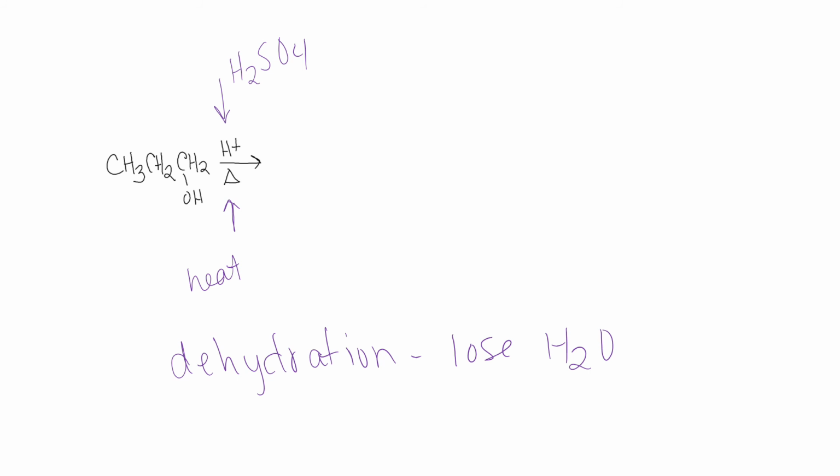Okay, so I'm going to draw this out just so we can see this a little bit better. So we have C with 3 H's around it, connected to another C and another C. All right, I'm going to do the full structure here.